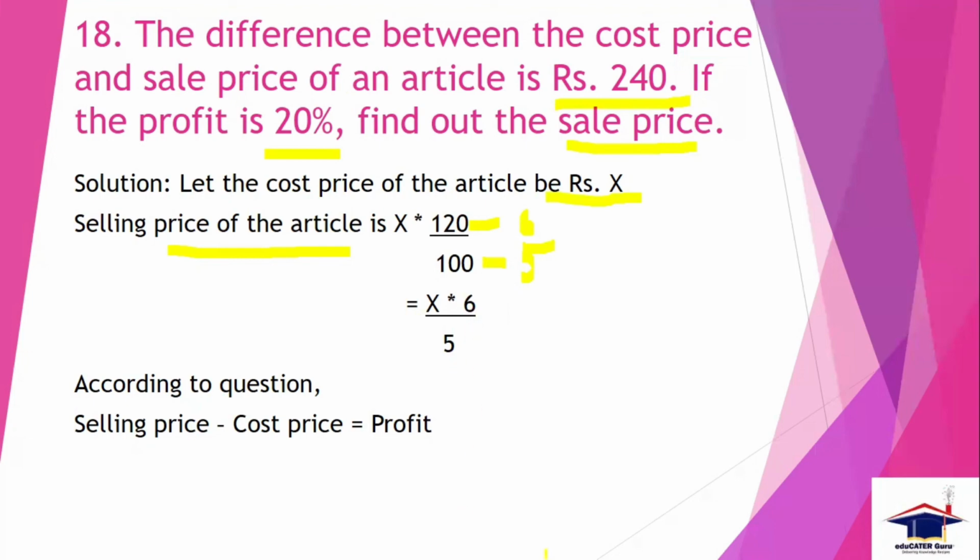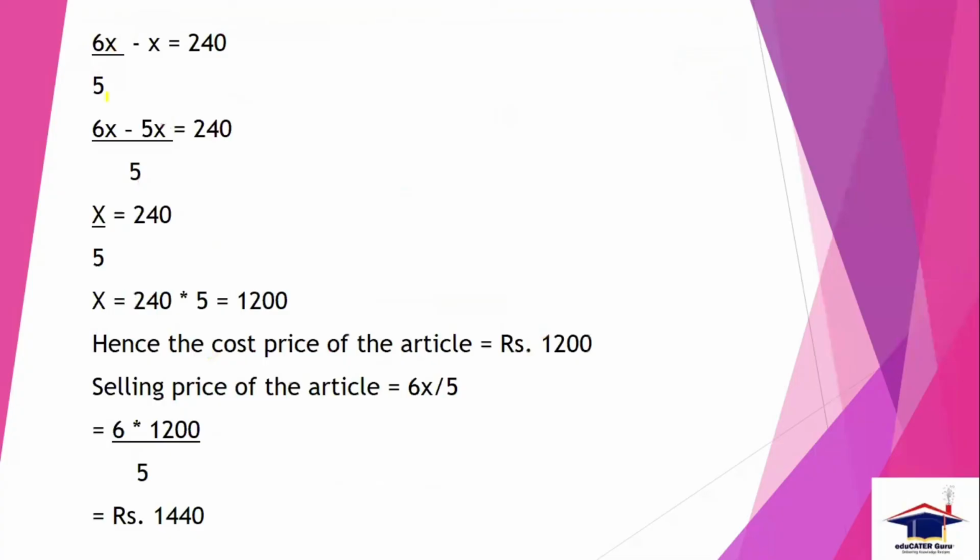According to the question, the selling price minus the cost price is the profit. We know the selling price is 6x by 5. Then the cost price, which we have assumed as X, so 6x by 5 minus x is equal to 240.